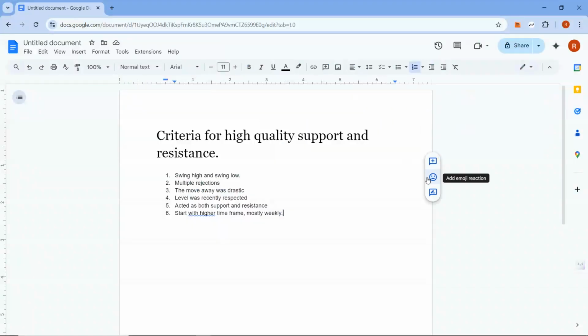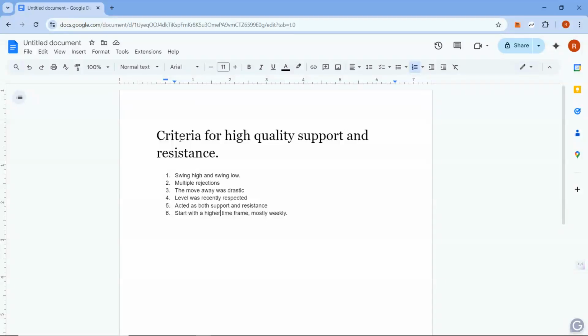So like I said, we'll be discussing high quality support and resistance. In order not to bore you with my talks, I decided to write out the criteria you should watch out for whenever you want to pick out your support and your resistance.